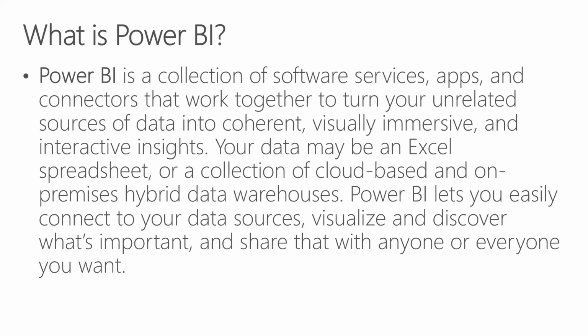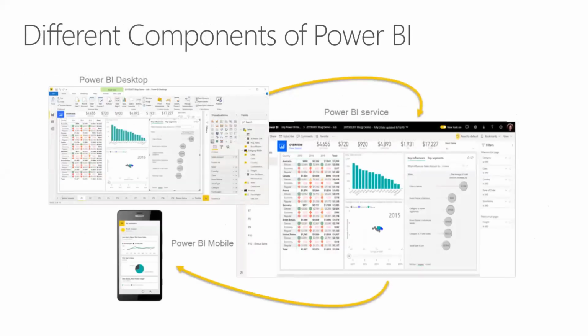Let's get started. If you see this slide, we have three main services in Power BI. One is Power BI Desktop, of which we are going to see a demo, then the Power BI service, which is software as a service, basically SaaS, and then Power BI Mobile.